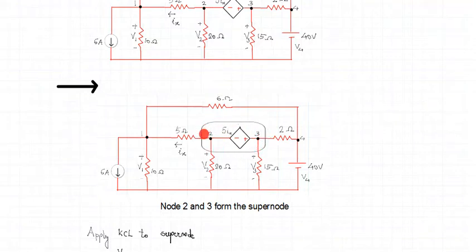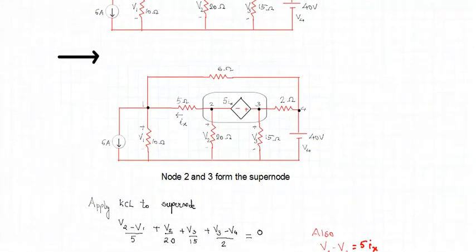The first branch is the 5 ohm resistor. The second is the 20 ohm resistor. The third is the 15 ohm resistor, and the fourth is the 2 ohm resistor. So in all we have 4 branches to which we apply KCL when we apply KCL to a supernode. Let us start to formulate the equation now.